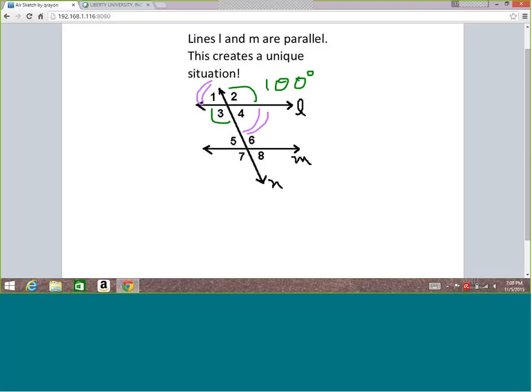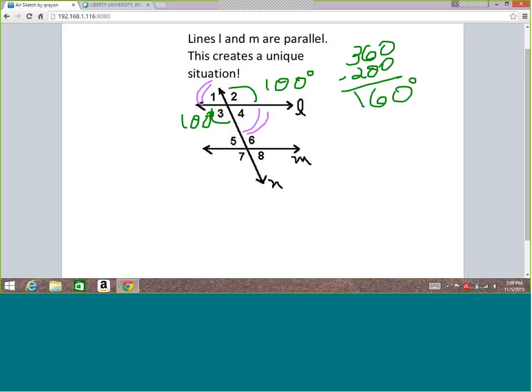Let's look at how we can find angles 1 and 4 from this relationship that we know. If I add the measures of angles 1, 2, 3, and 4, I am going to get 360 degrees total because it's going all the way around. Angles 2 and 3, that's 100 each, so that's 200 degrees. But I have 360 degrees when I go all the way around. So if I take 360 and take 200 away, that gives me 160.